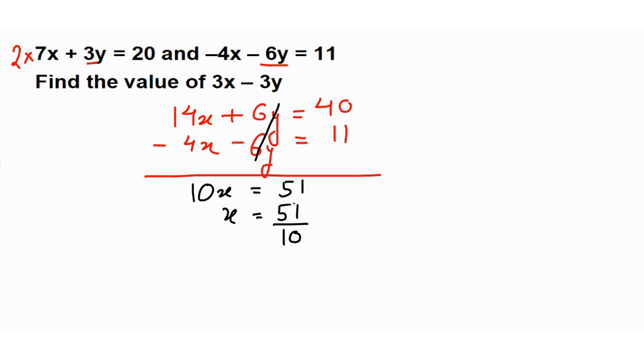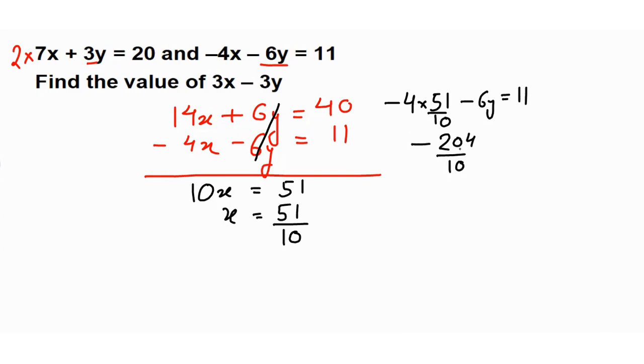And we'll find y. We'll put the value in this second equation. So we'll get minus 4 multiplied by 51 by 10 minus 6y equals 11. We can bring it on this side. Here we have 51 into 4, that is minus 204 upon 10.